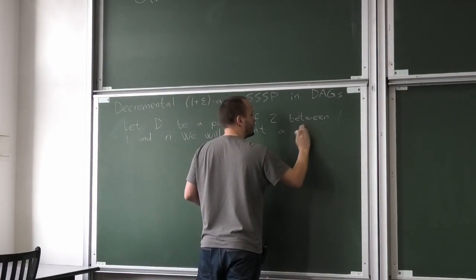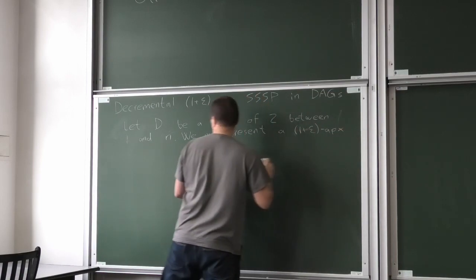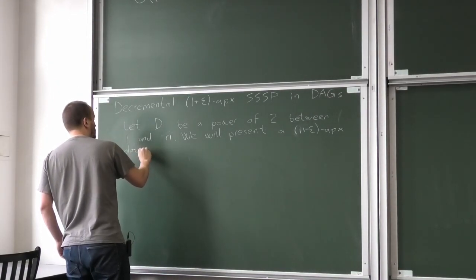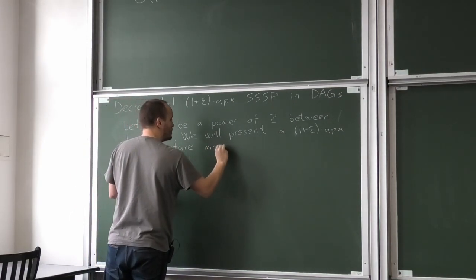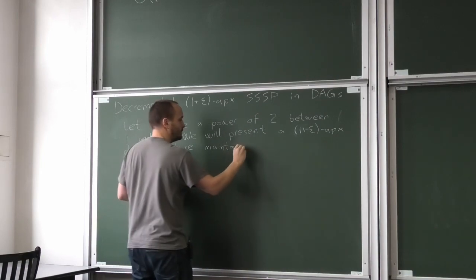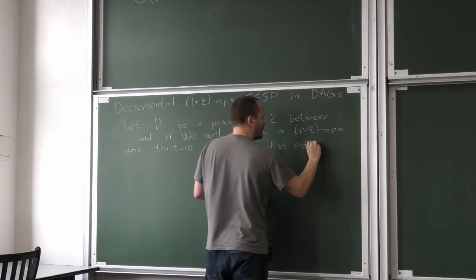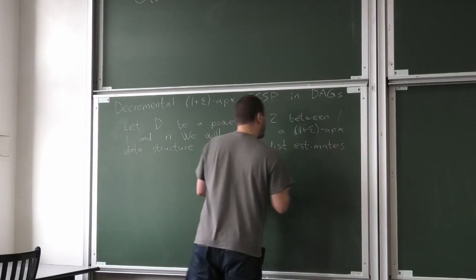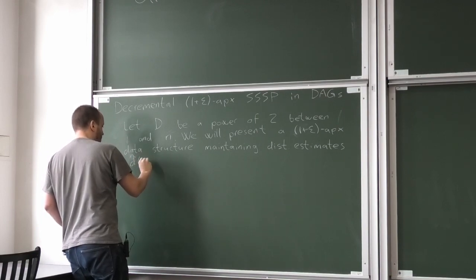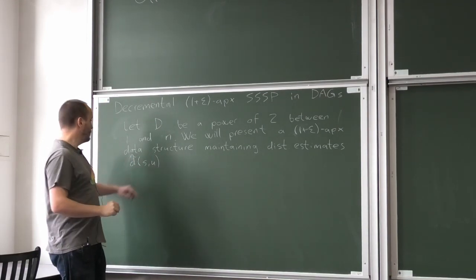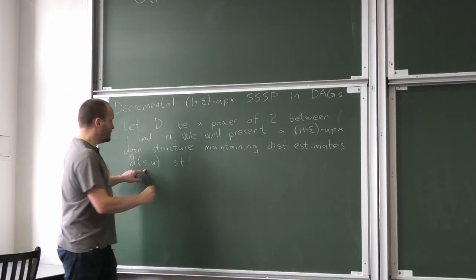a 1 plus epsilon approximate data structure maintaining distance estimates, let's call it d tilde(S, U), for all U, such that this is never allowed to be an underestimate.